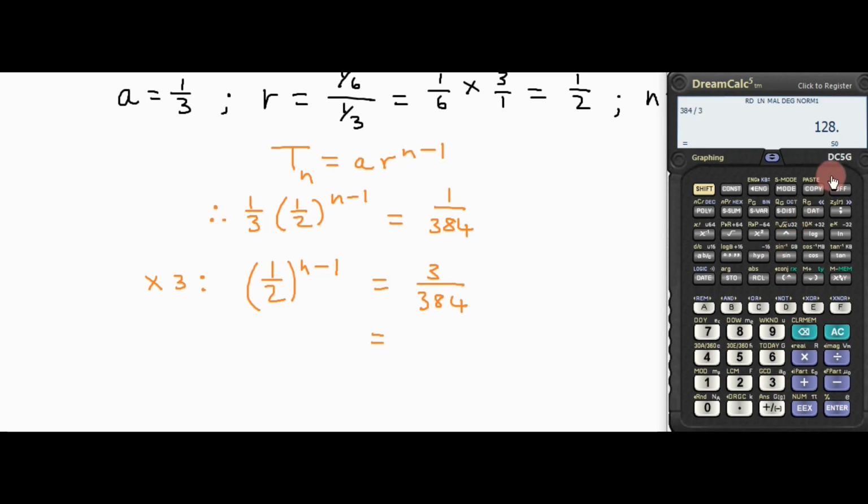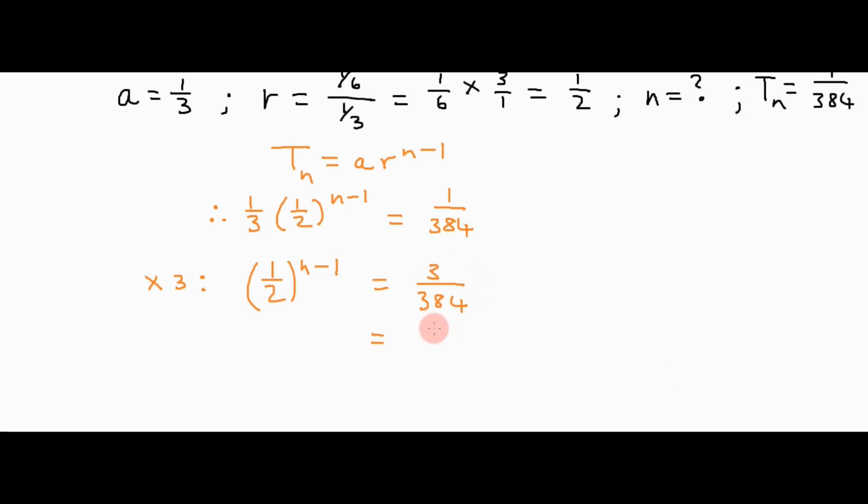And it does. It goes into 384 128 times. So the right-hand side we can write as 1 over 128. So we end up with a half to the n minus 1 being equal to 1 over 128.